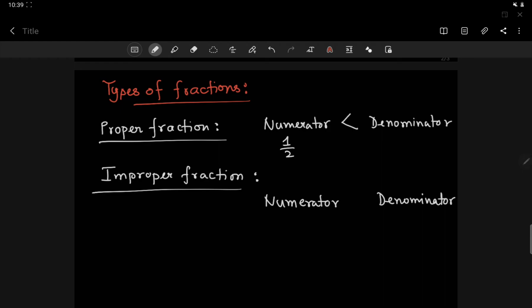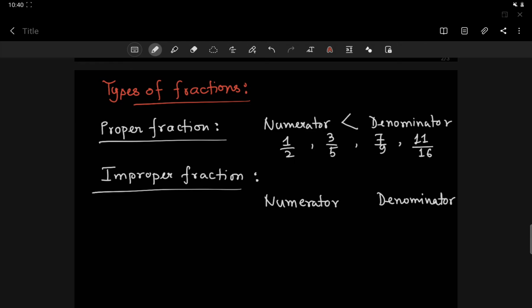Suppose 1 by 2, the denominator is greater than the numerator. 3 by 5, 7 by 9, 11 by 16, they are all proper fractions. So for proper fractions, the denominator should be greater than the numerator.